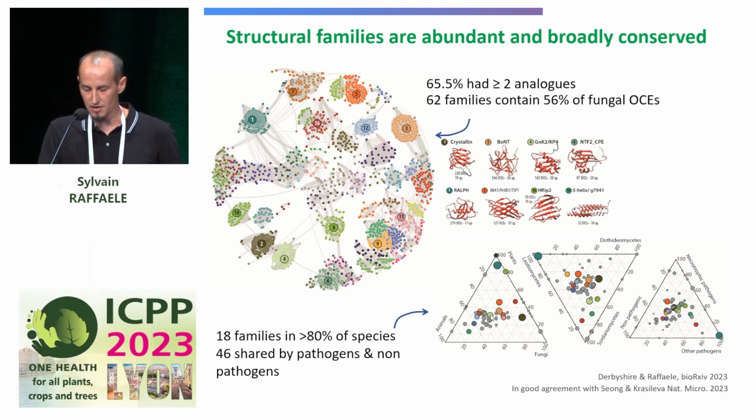Each dot is a structural family of effector, and you can see they sit in the middle because they are present in similar amounts in animal pathogens, plant pathogens, or fungal pathogens, in the different fungal lineages that we analyzed, and in fungi with different lifestyles, either non-pathogenic, necrotrophic, or other lifestyles. So these were findings in agreement between our two studies.